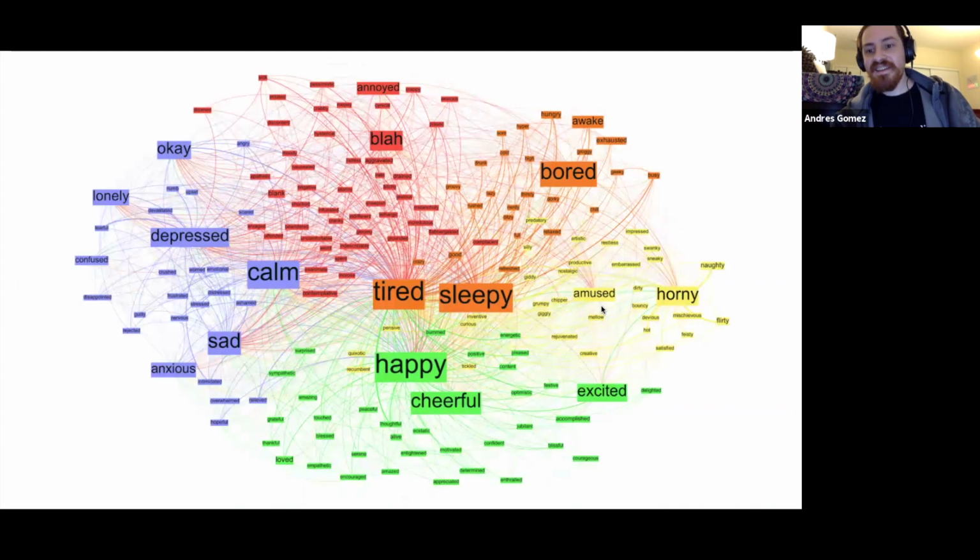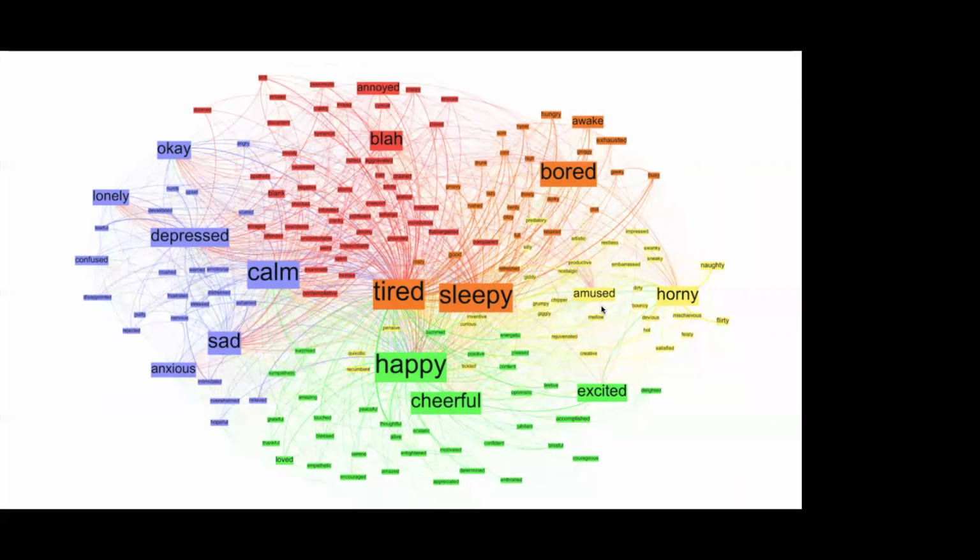Now, I have to say that I absolutely acknowledge that emotions are far more complex and intricate than just valence and arousal. This is the result of my master's thesis, where we were analyzing mood updates, how people feel over time, day after day. I was computing the transition probabilities between emotions.